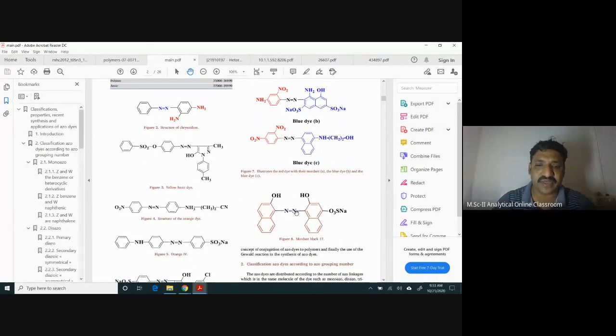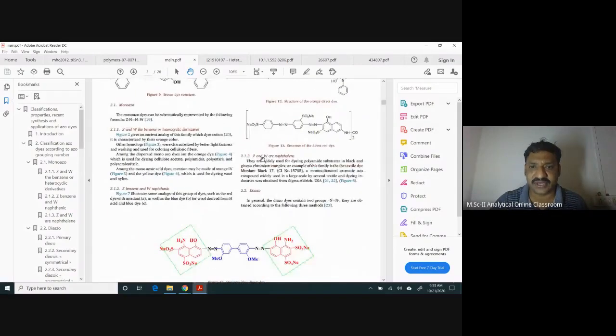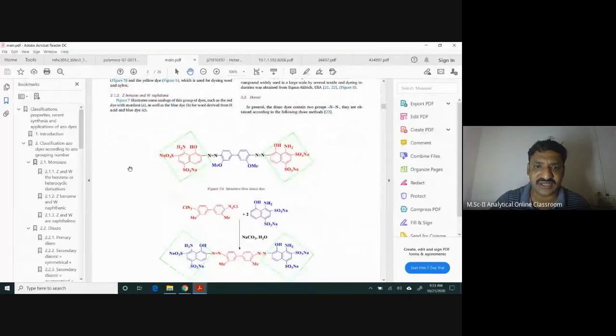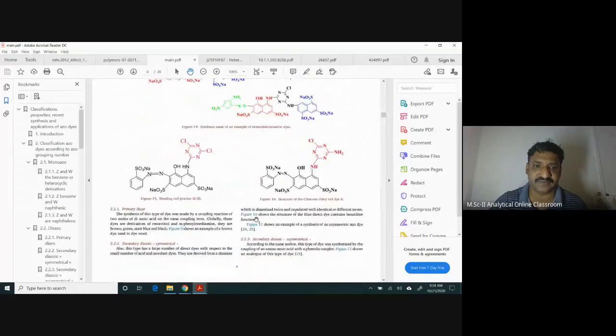So you have to write down that structure when you want to write the applications: what is meant by azo dyes, what is an example, and where it is used. Here they give the classification, but we don't require the classification. You just change the substituent, then there is a change of azo dye.